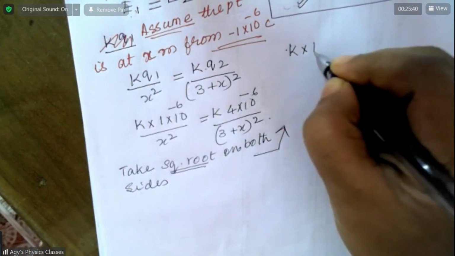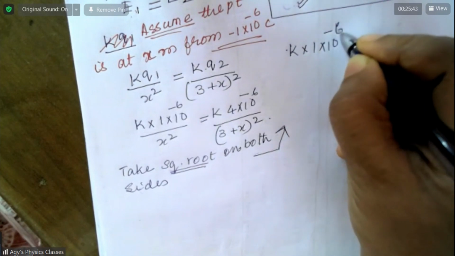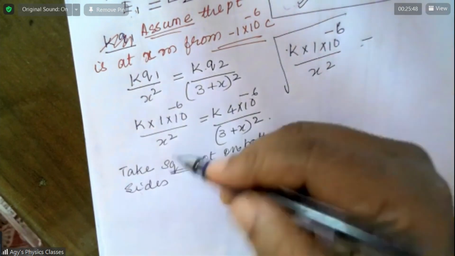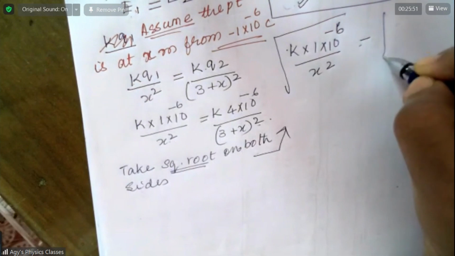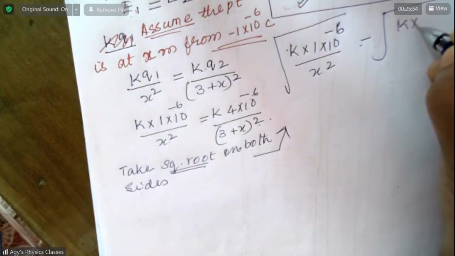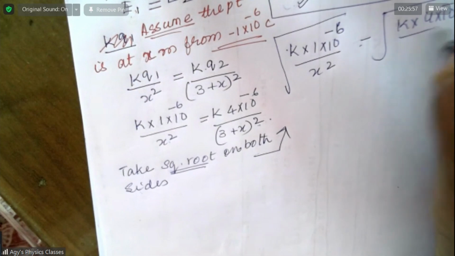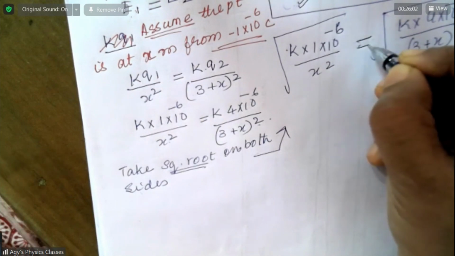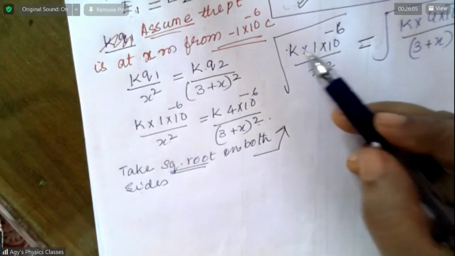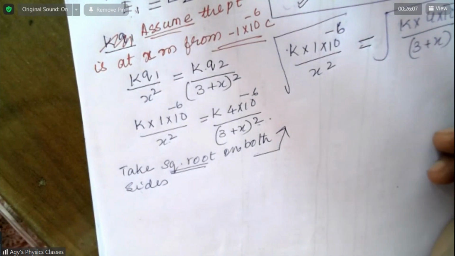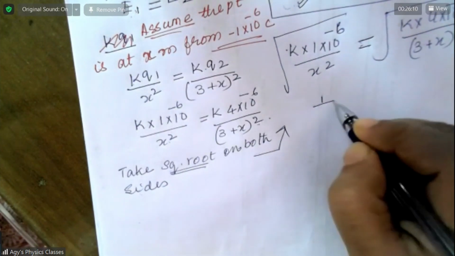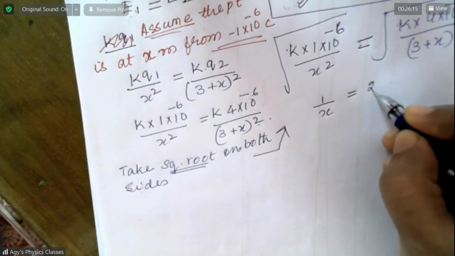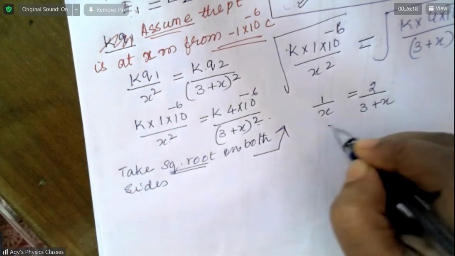Square root of K into 1 into 10 to the power of -6 by x square, the whole square root, because we want to get rid of this square, equals square root of K into 4 into 10 to the power of -6 by 3 plus x, the whole square. Now you cancel 10 to the power of -6 and K and all those things can be cancelled. Square root of 1 is 1. Square root of x square is x, is equal to square root of 4 is 2, by 3 plus x.